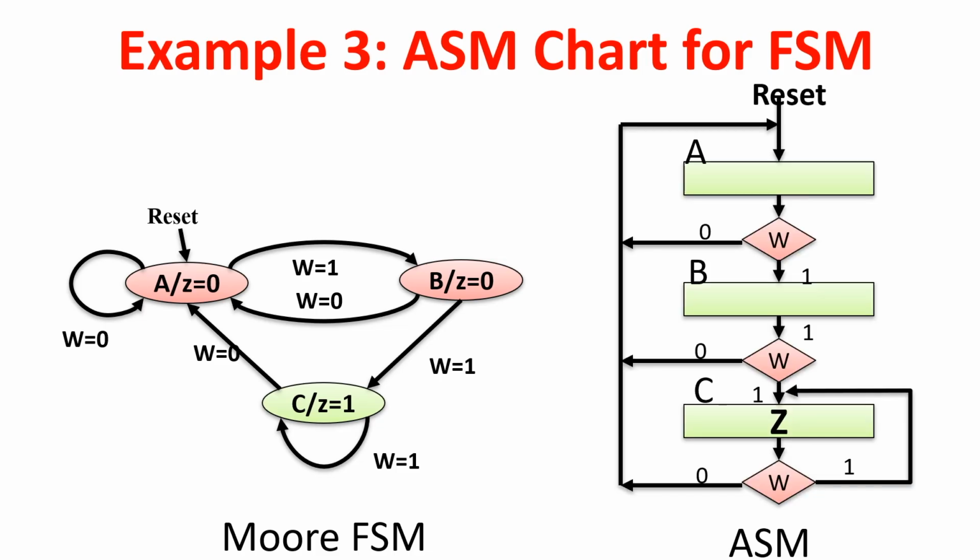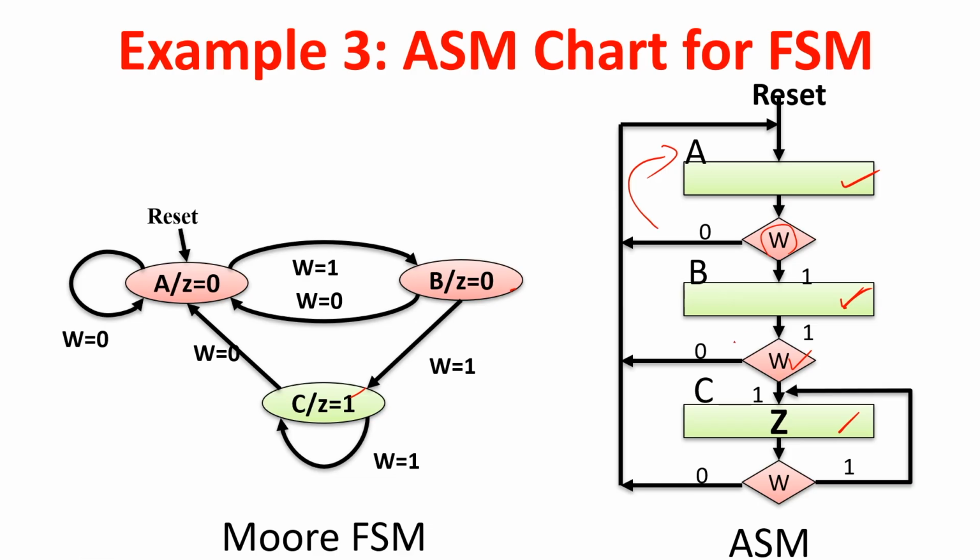This also has three states, A, B and C, based on the W values. You are in state A, you get W equal to 1, that means you go to state B. If you get a 1 again, you go to state C. Similarly, in state B getting a 1, you go to state C. If you are in state A and get a 0, you stay in the same state.